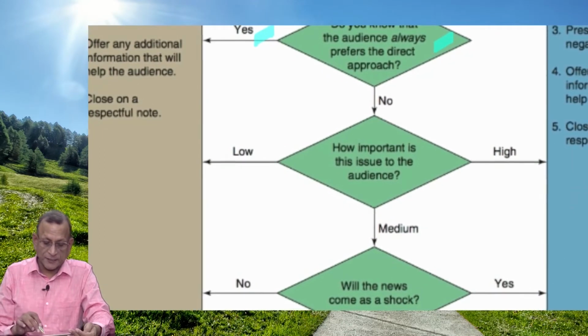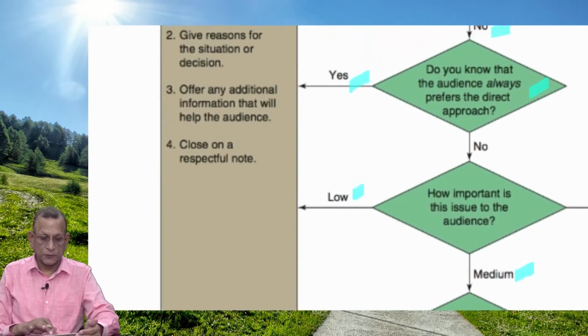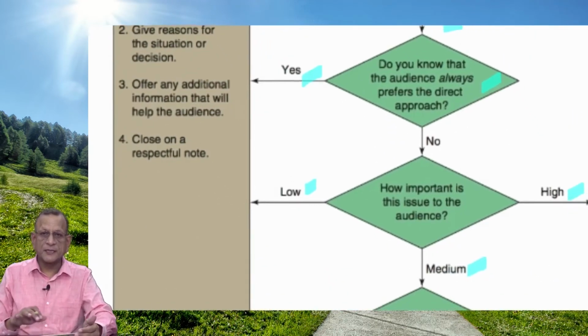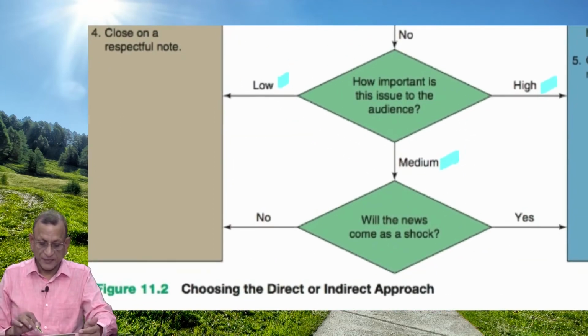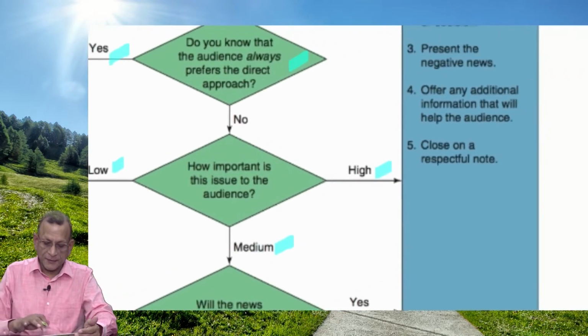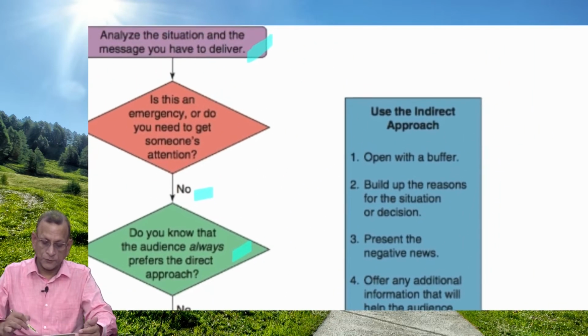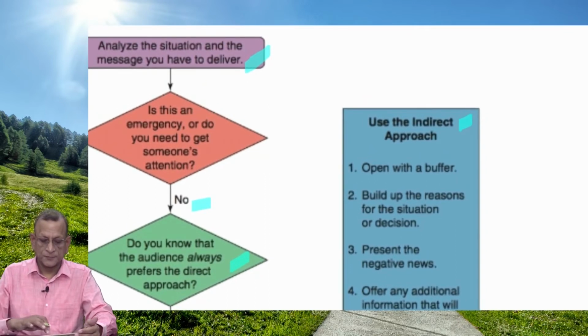How important is this issue to the audience? We may have 3 options. One is low, second one is medium, third one is high. If it is low, go for the direct approach. If it is medium, then will the news come as shock? Next diamond. If it is high, then obviously you have to go to indirect approach.